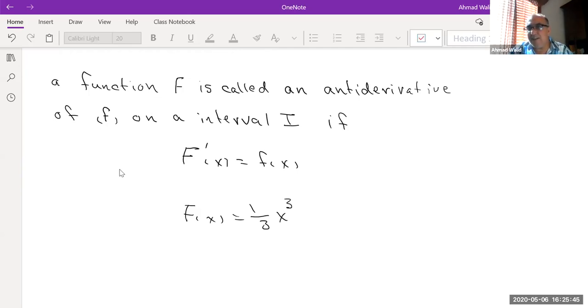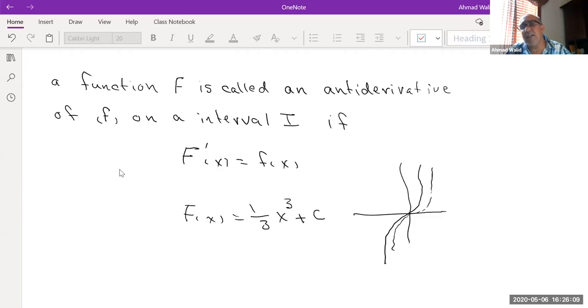If I graph this function, the shape of x cubed is like this. Correct? But you see, this function is actually a family of different functions. If I add a number here, plus c, I can get a family of cubic functions, correct? A function of cube has a big family.